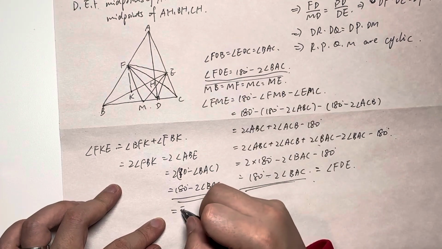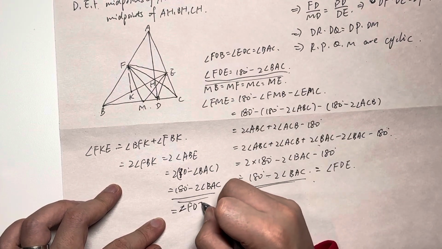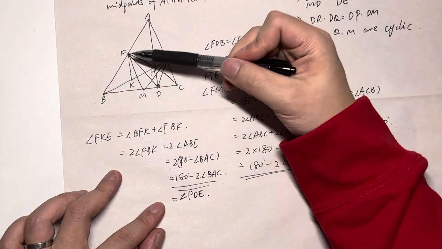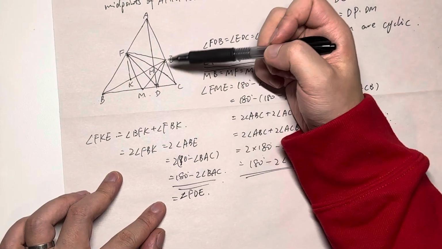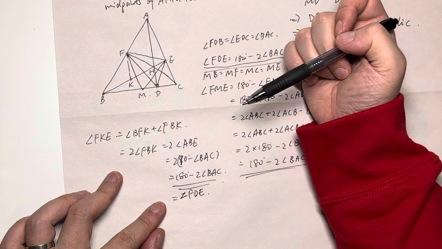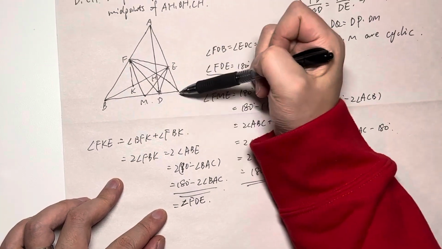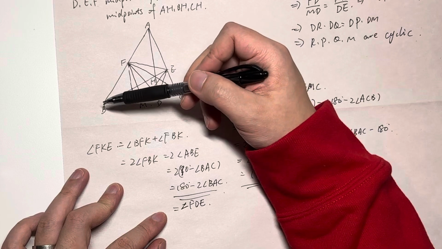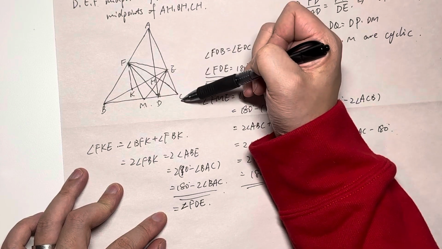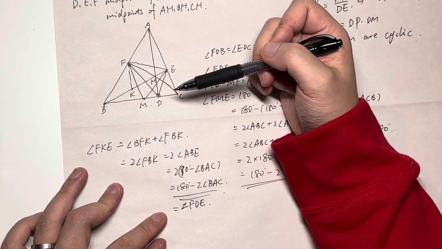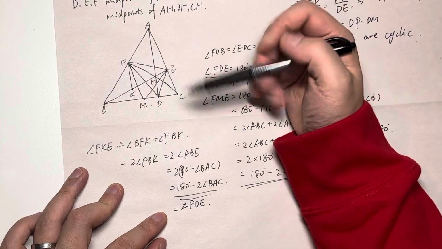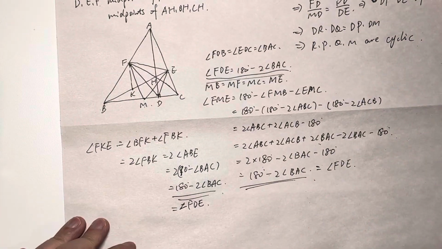It equals to angle FDE, which means FKDE are cyclic. So the midpoints of AB, AC, BC and the midpoints of BH, AH, CH and the feet of the altitudes D, E, F. These 9 points are cyclic.